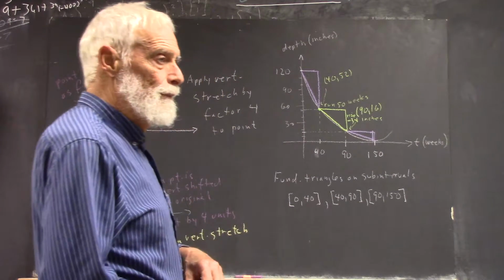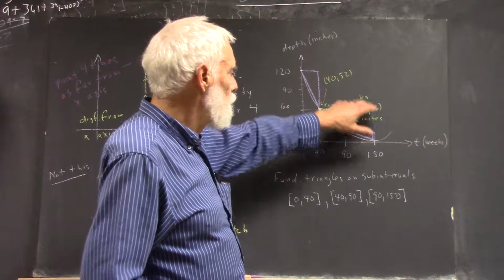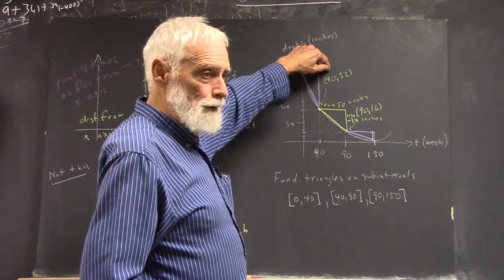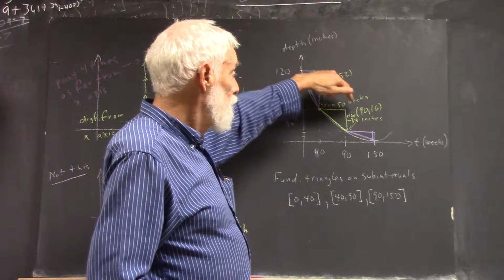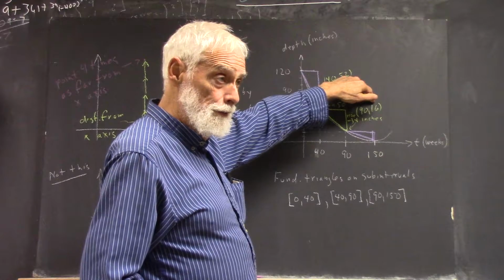If you write out the coordinates here, it doesn't hurt: 40 weeks, 52 inches; 90 weeks, 16 inches.